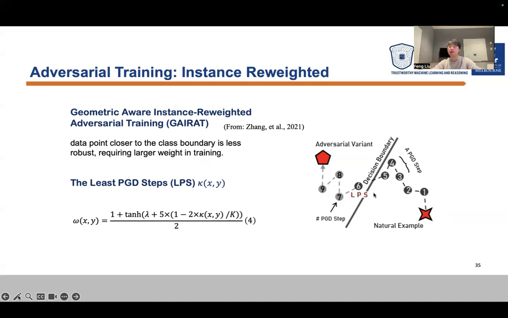And based on this LPS, we can design a weighting function to give a different weight to the adversarial examples. Specifically, if we find that a data point is closer to the class boundary, we will give it larger weight in training.